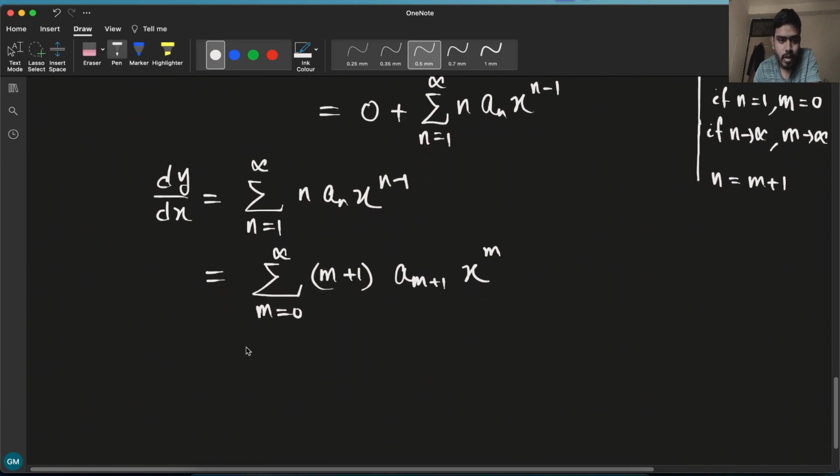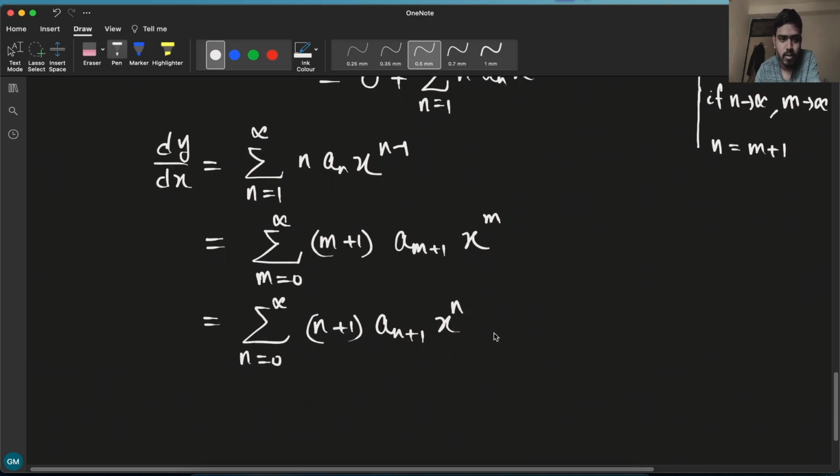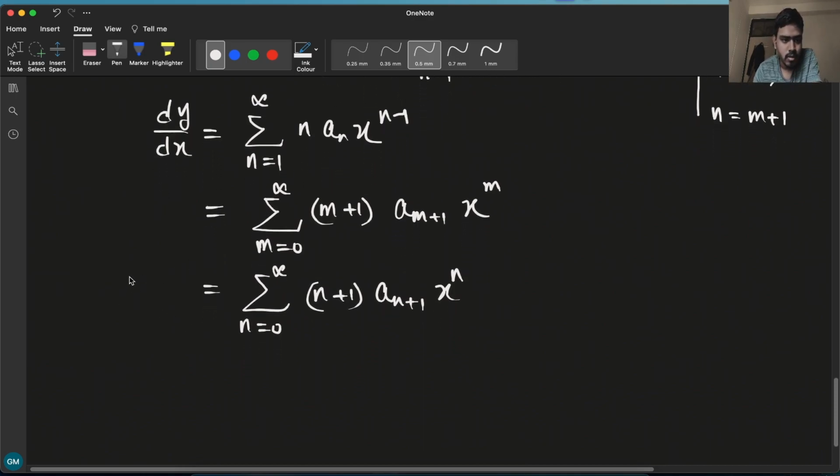And as m is a summation index, I can replace m by n. So dy/dx is the sum of (n plus 1) a_(n+1) x to the power n.